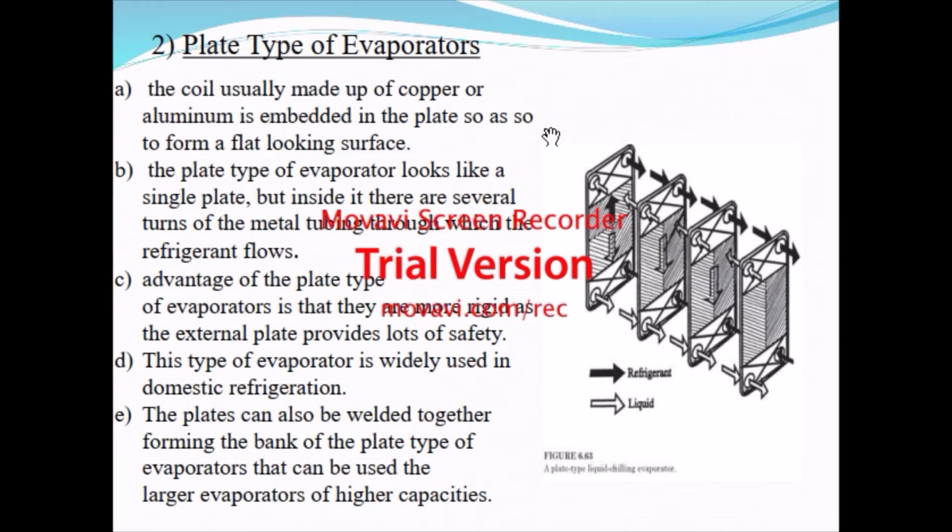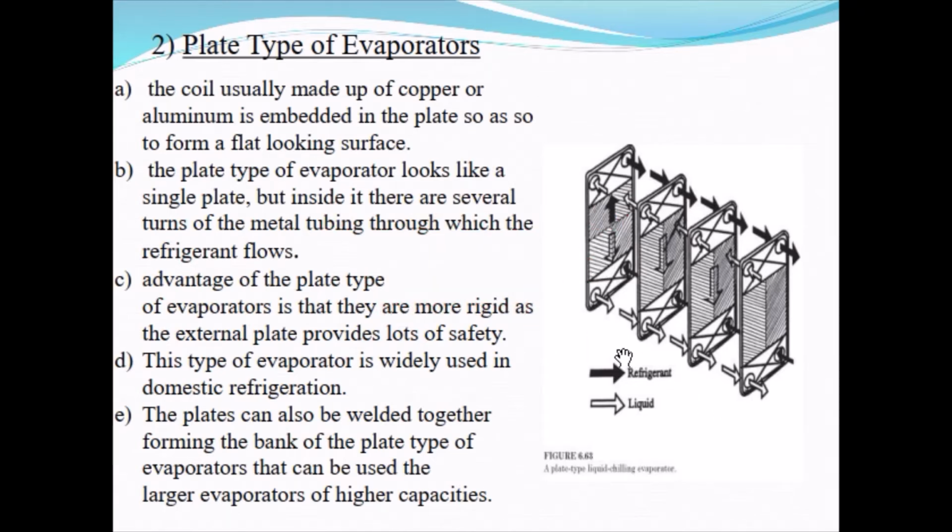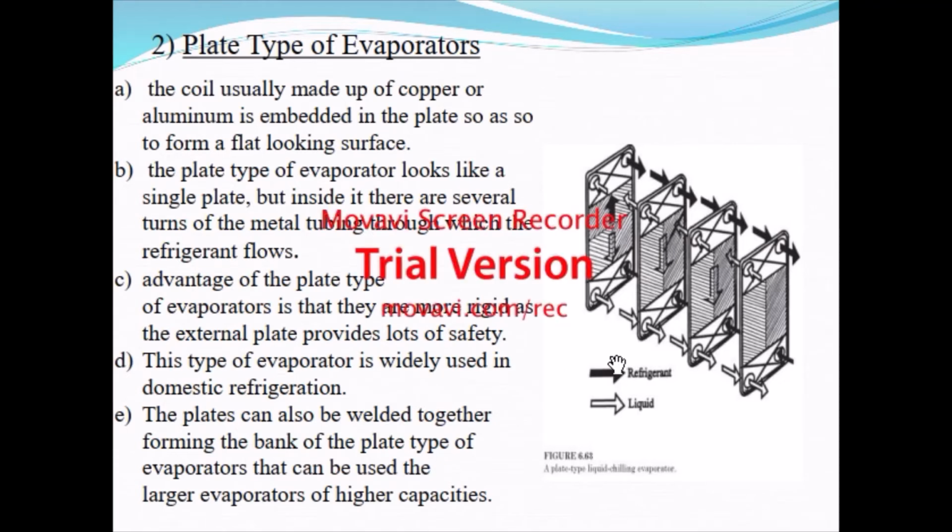Okay, so the construction of the evaporator you can see in the figure. Layer by layer, every layer is considered a split of our evaporator, so the liquid will flow through every single plate.